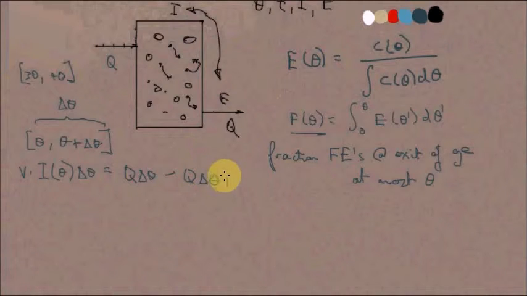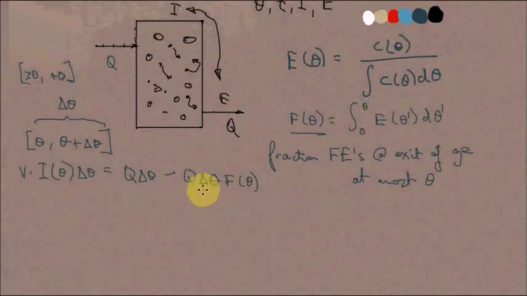So we could say this is F of theta, and so we have an equation now that tells us the total amount that we would have had in the first place in this age range, and then we also have the fraction of that amount that exited, and if we multiply it with the actual amount, then that's the volume that we've lost from that original amount there.